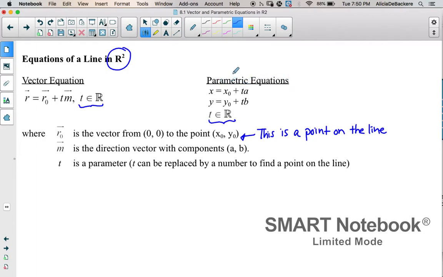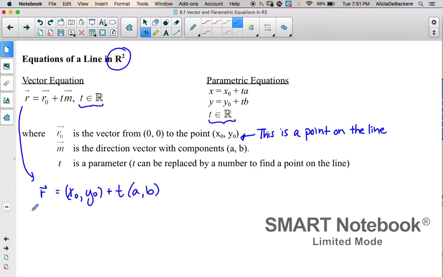Another way that we can define equations is by using the parametric. And what that means is just taking this guy and separating out the x and the y coordinates. So remember from this right here, what I would get is that r is equal to, remember that r naught is going to be x naught, y naught, plus t times my direction vector, which is a comma b. So that's what I'm going to get here.